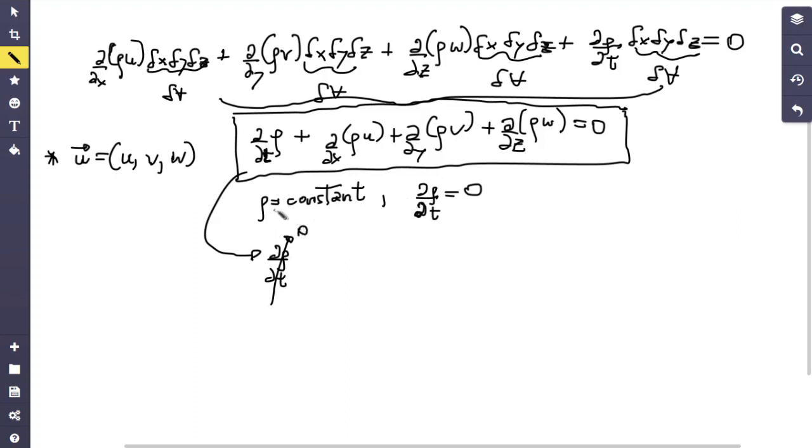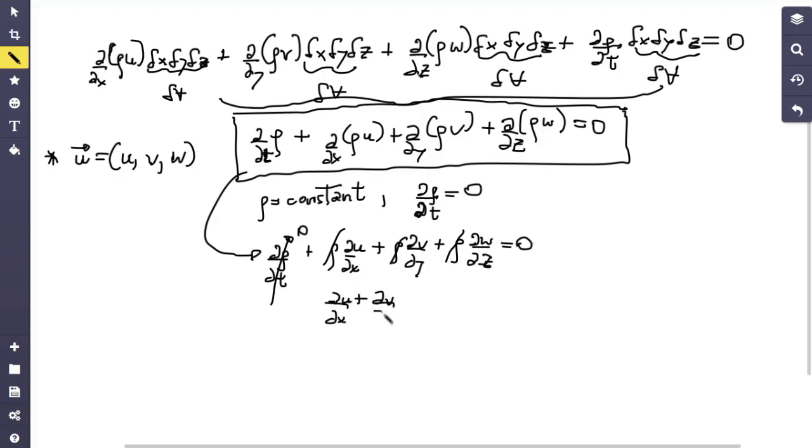Because it doesn't vary in time, it is constant. And because this density is constant, we can take it out of the derivative. So we get this, du/dx, dv/dy, dw/dz equals 0. We can divide this equation by the density, and what we get is the continuity equation that most people are familiarized with.